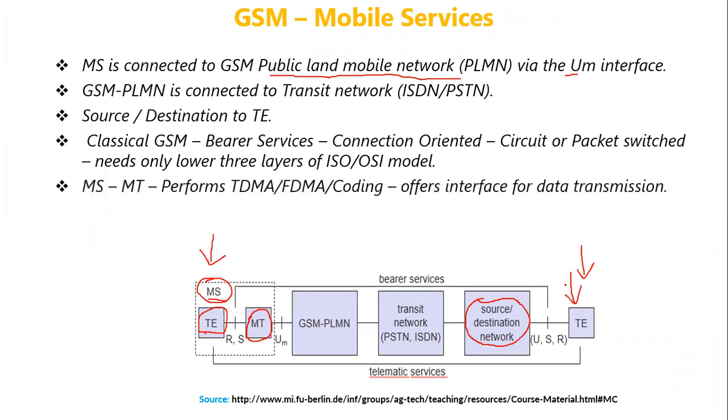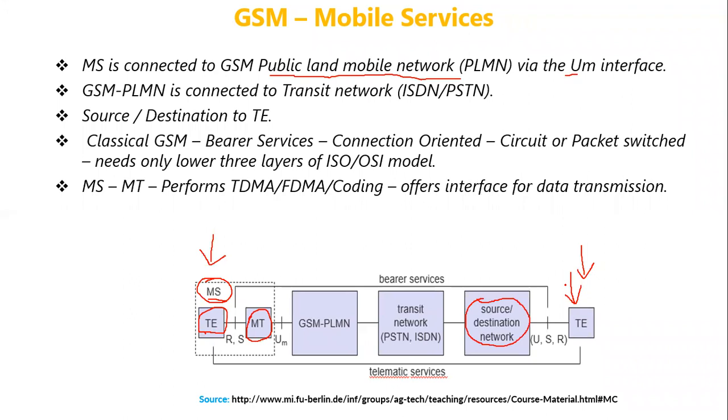In classical GSM, the bearer services are connection oriented services, like circuit switched and packet switched services, and they use only the lower three layers of the OSI reference model.